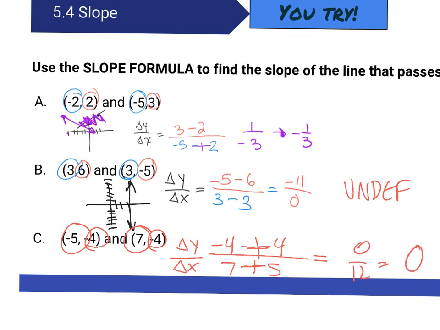What kind of a line do you think that's going to make if the slope is 0? Horizontal. Horizontal lines have a slope of 0. (-5, -4) and (7, -4). It's a horizontal line.